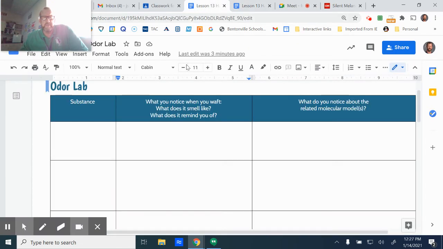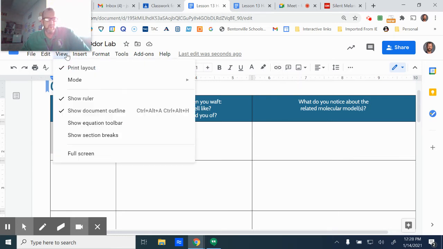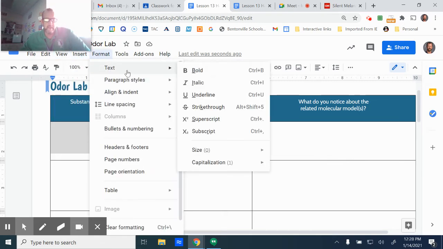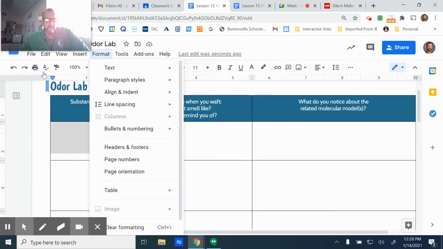Addison, it should be open for you to edit, but try making a copy of it if you need to. Somebody actually told me that before. You need to change the font color to black. I don't know why it would be in white. That's really strange. But thank you.